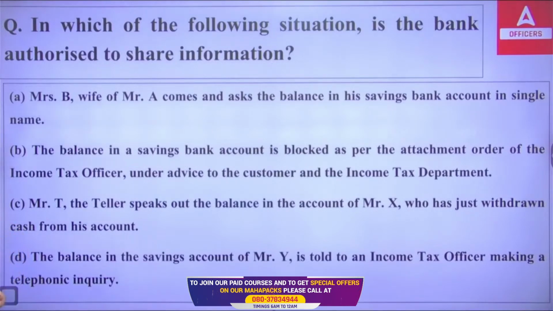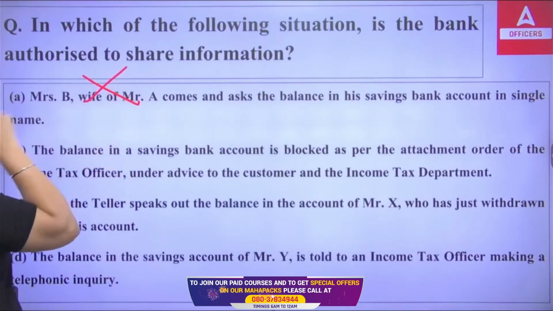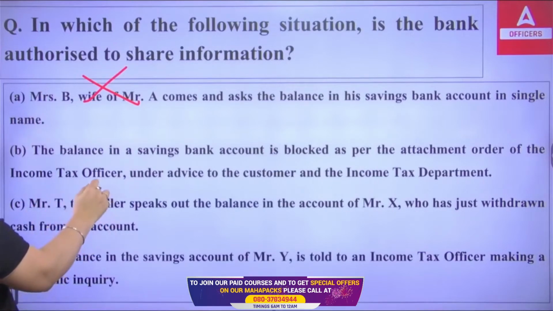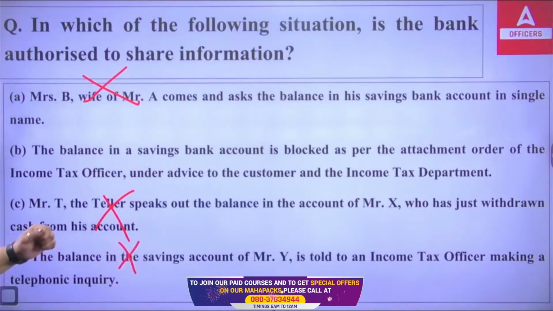In case the wife asks about the balance in the husband's account, it is not allowed. In case Mr. T, the teller, speaks out the balance in the account of Mr. X, not allowed. The balance in the savings account of Mr. Y told to an income tax officer making a telephonic inquiry, can't do that.